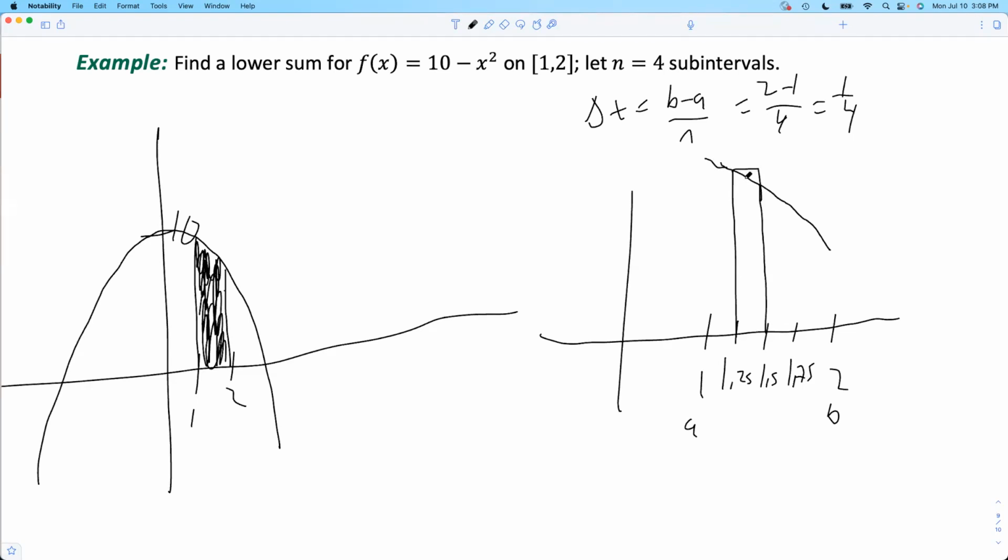Because see, look, I'm going above the graph right there. That right there would be extra that I don't want. If I want an underestimate, then building this rectangle using right-hand sums, going to the right side of this interval and going backwards. Right-hand sums will give me an underestimate or a lower sum. So we're going to do a right-hand sum.